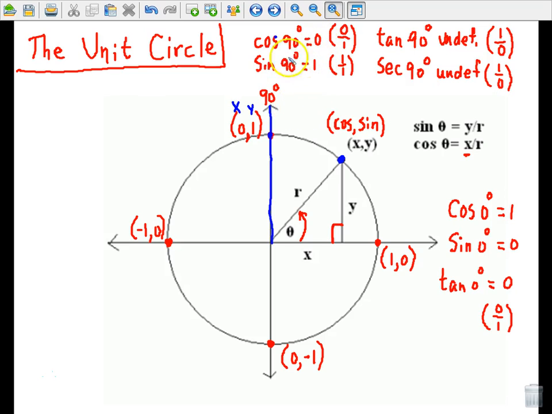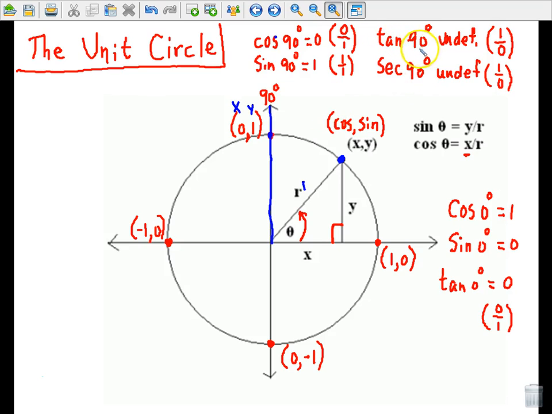Along the same lines, the y-coordinate is 1 in this ordered pair, and if we find sine by doing the y-coordinate divided by the radius, this radius is 1. 1 divided by 1 is 1. So sine 90 degrees is 1, and cosine 90 degrees is 0.